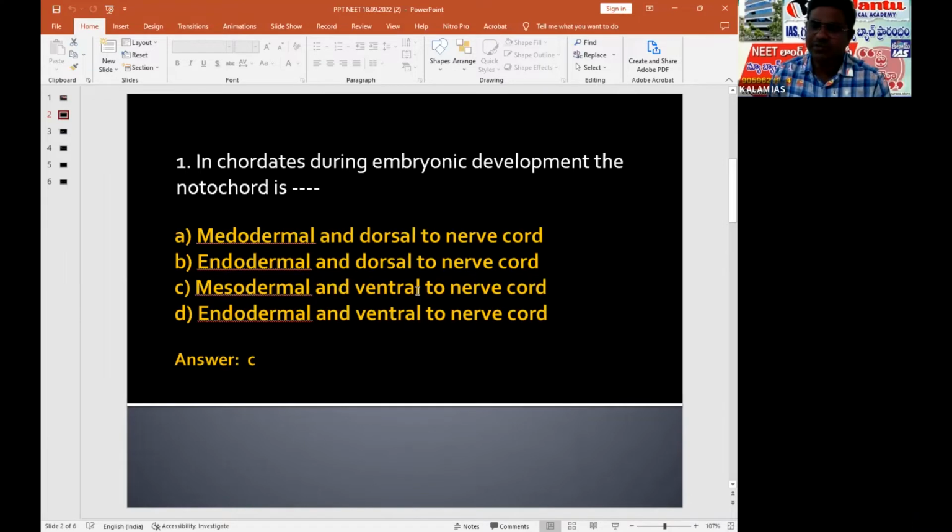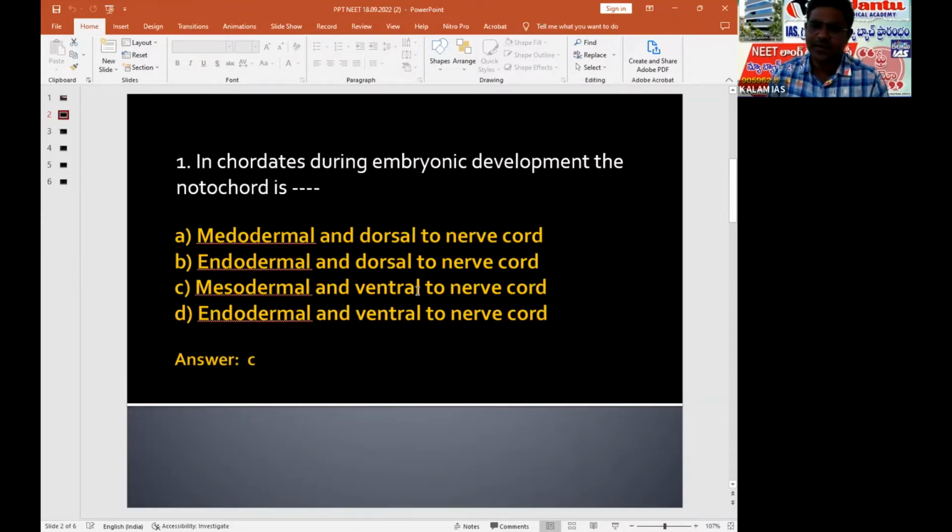So here the embryonic development is conducted in a pattern of direction. We have a developmental direction from mesodermal to nerve cord among the four options. Among all the chordates, embryonic development seems to be mesodermal and ventral to the nerve cord, and keep that point to remember.